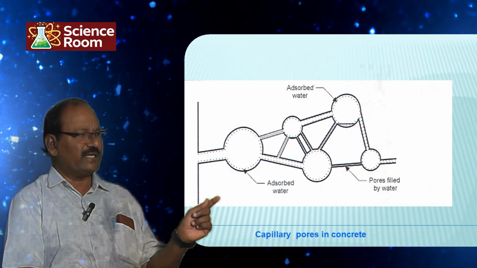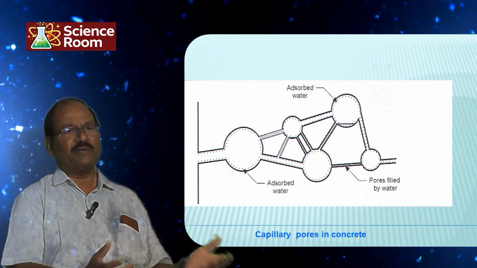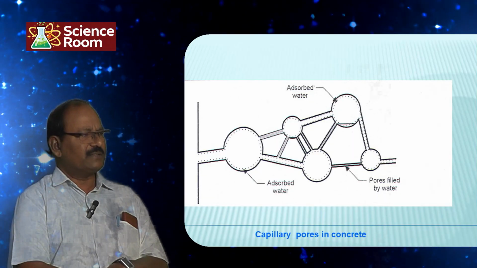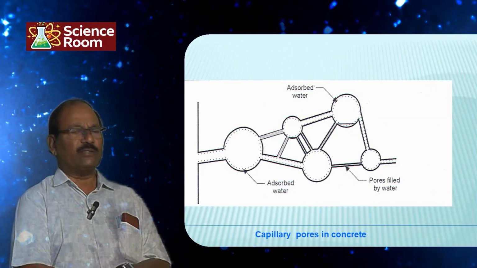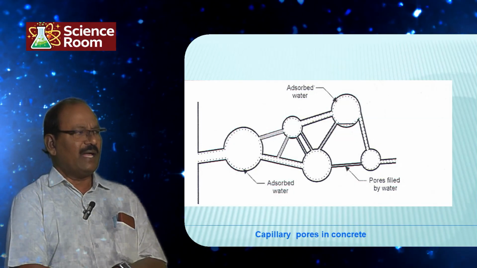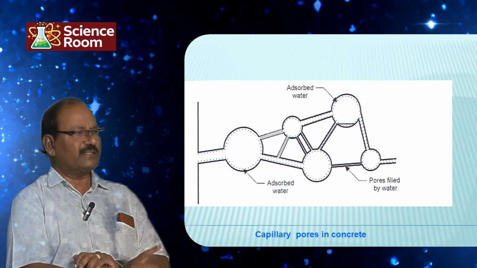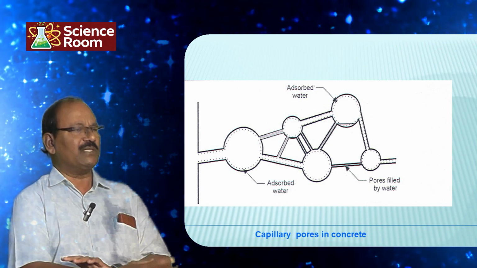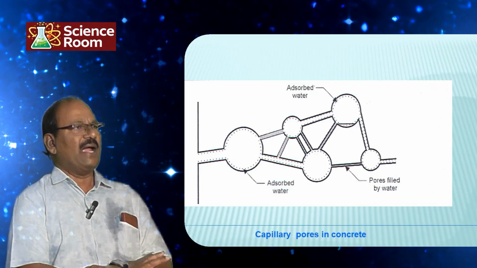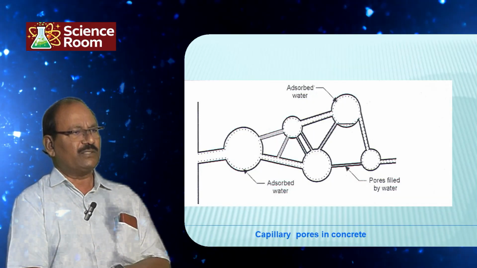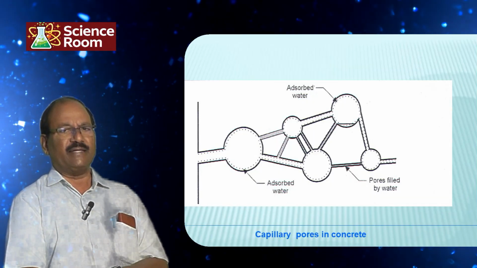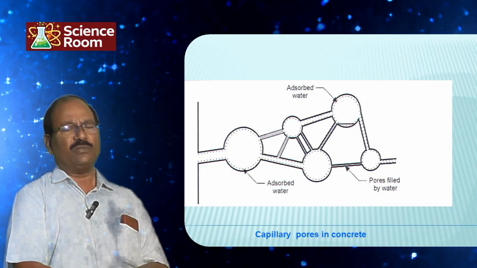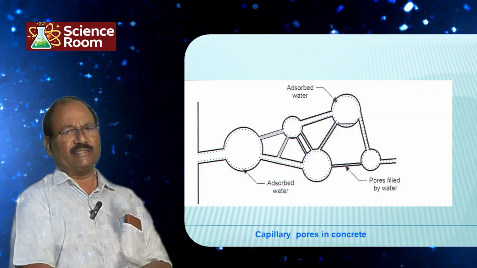One pore is shown here. When you are curing it, or when there is moisture, this water gets penetrated through the capillary and reaches a void, then the next void, like that. The capillary pores are also filled with water, and this water will be converted to calcium hydroxide, because calcium oxide is about 62 to 65% of the cement.